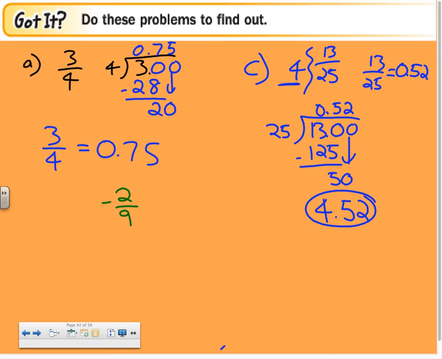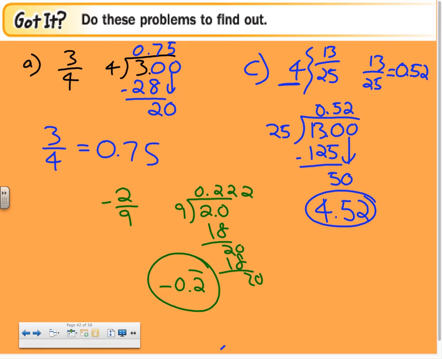So 2 divided by 9, I believe it ends up being 0.2222. Am I correct? Because I think you keep getting 20. All right. And we have to remember that's negative, so our answer would be negative 0.2, and it's repeating. That would have been B.